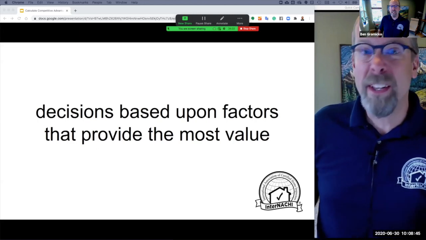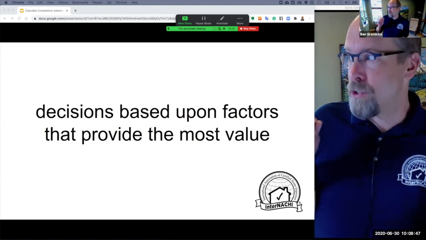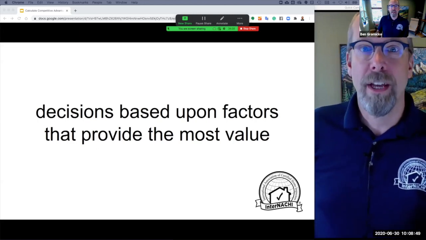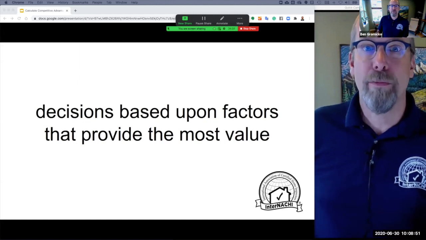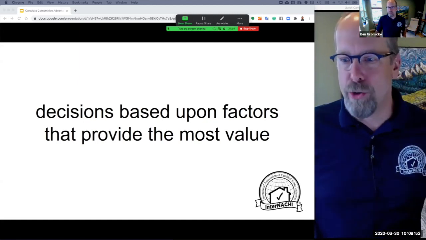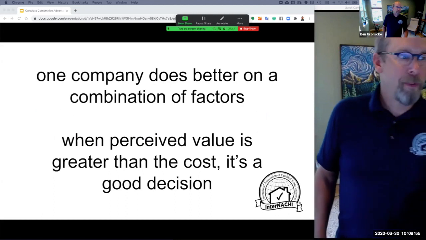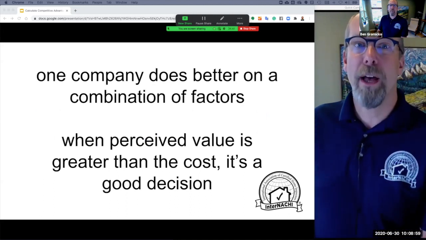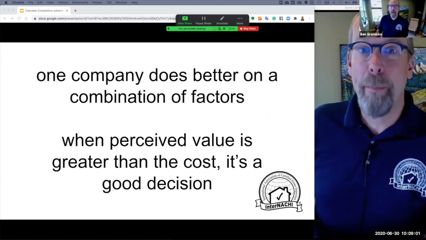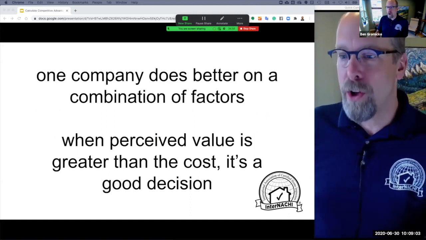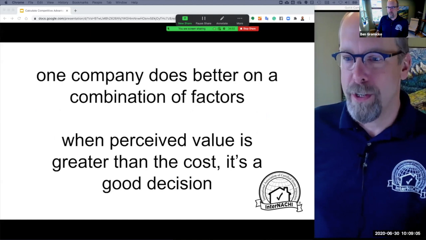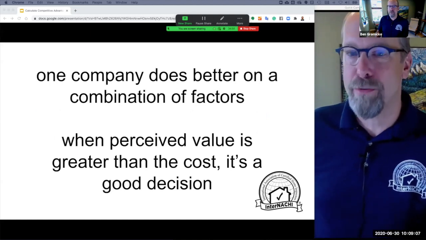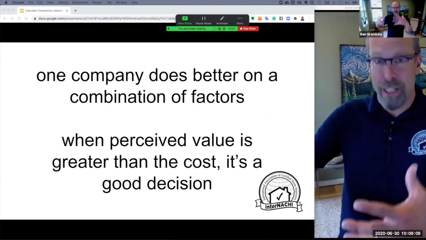And when a company does well in all of those strategic decision factors that influence a consumer's decision, it enjoys a competitive advantage in its market. And a competitive advantage is achieved when a home inspection company does better than its competitors on that combination of factors. And the combination of those factors results in a perceived value.